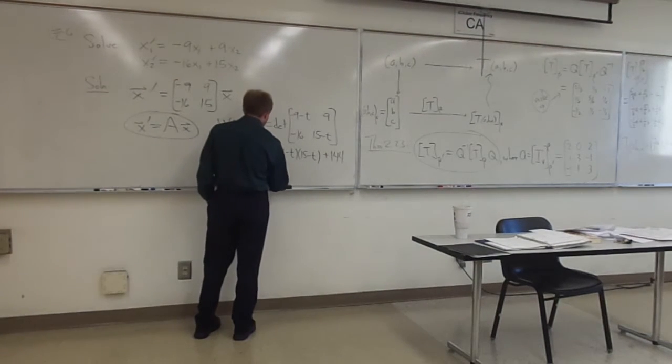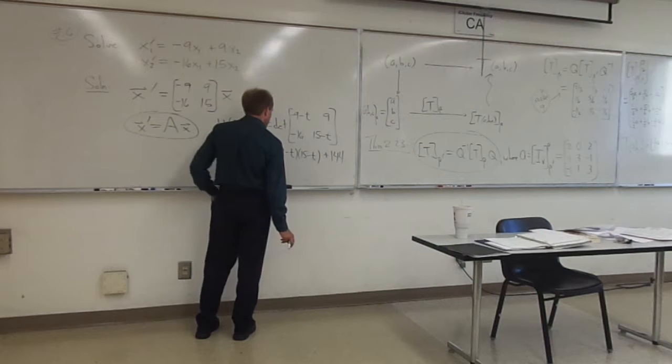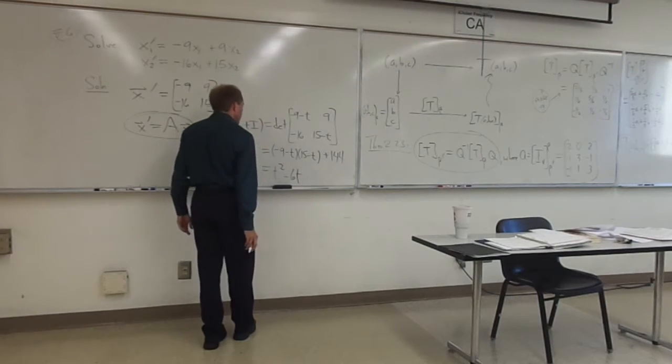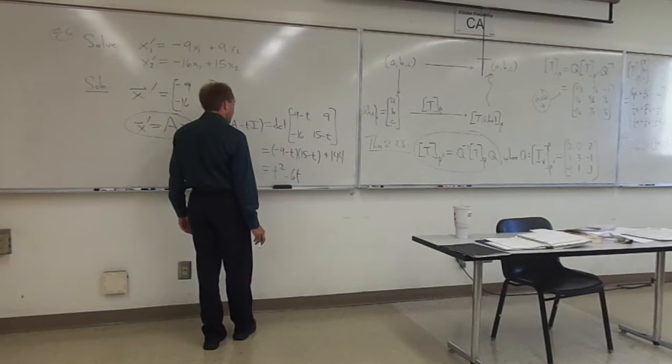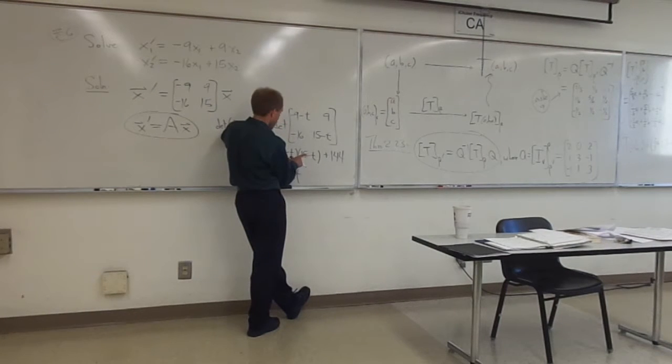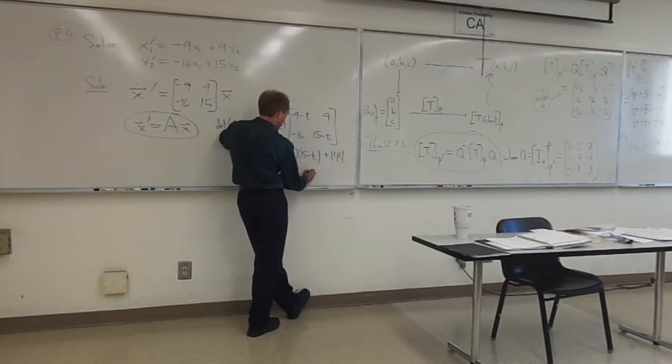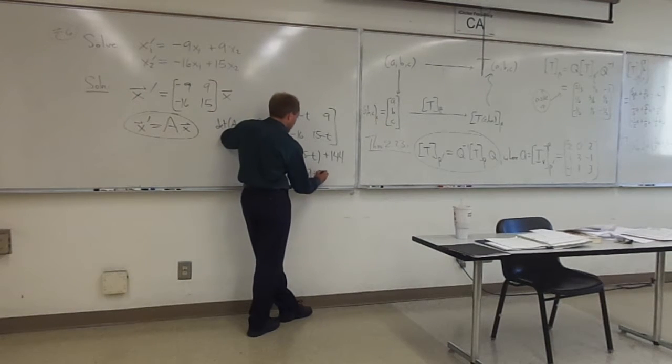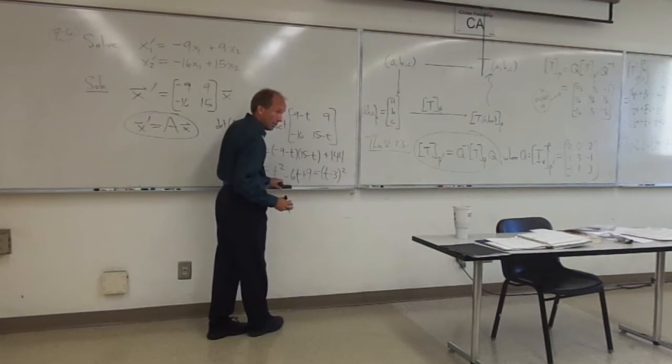So if we work that out, we're going to get t squared minus 6t, and then 15 times 9, oh goodness, 135, I believe. So negative 135 plus 144 is actually plus 9. So this actually gives you t minus 3 squared.